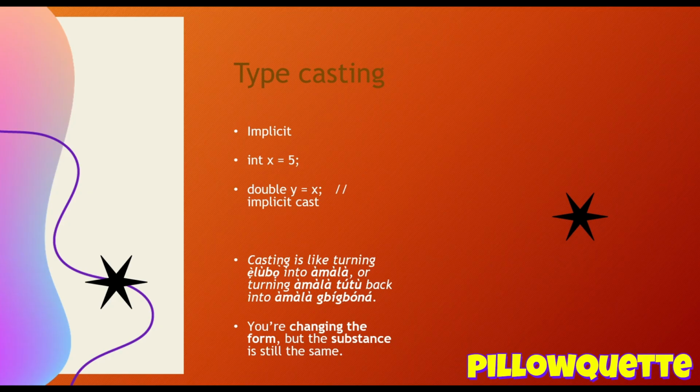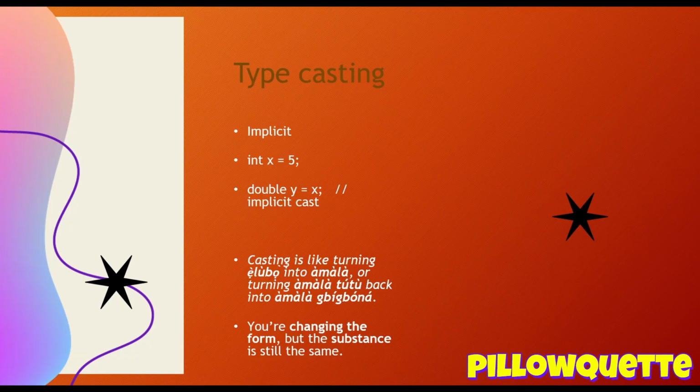Implicit casting is done automatically for you by the compiler. A cast happens automatically. So for example, for my integer, I called it x and gave it a value of 5. Now, if I want to convert it to something bigger, I'm changing it to a double.